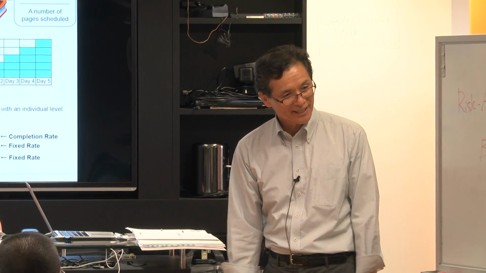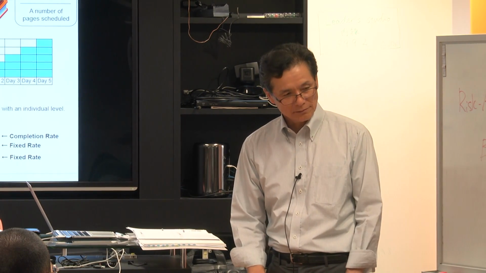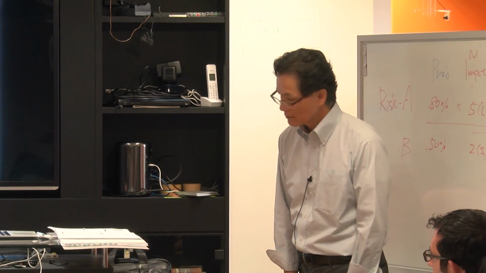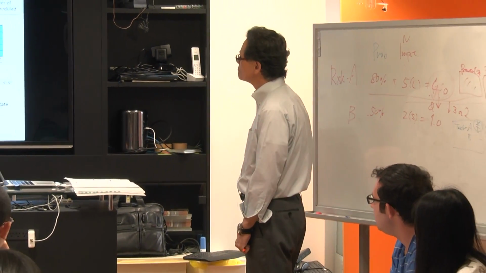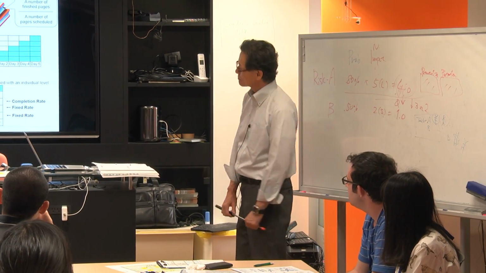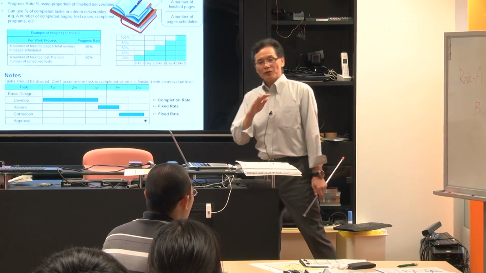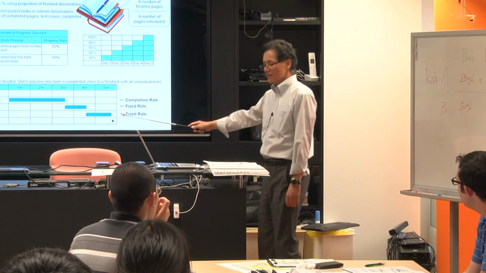Why? Because finishing 100% means being accepted, and that means it has to be reviewed, done many times. That's right. Unless you finish review and inspection, that's not the end.